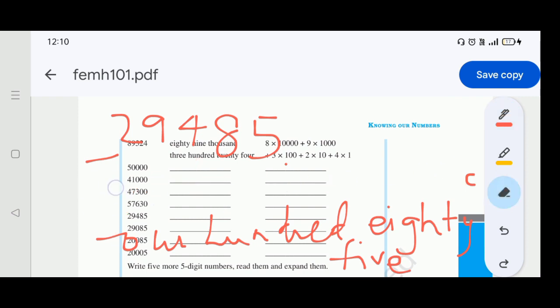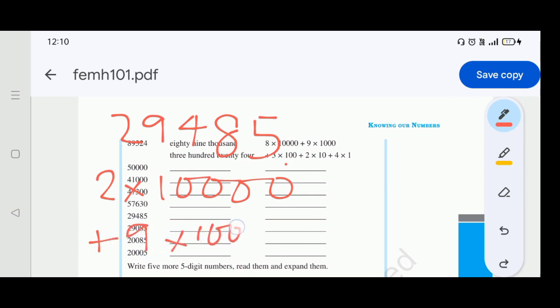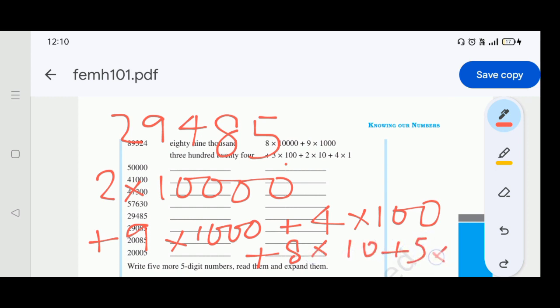Its expansion can be written as 2 into 10,000 plus 9 into 1000 plus 4 into 100 plus 8 into 10 plus 5 into 1. This is the expansion of 29,485.